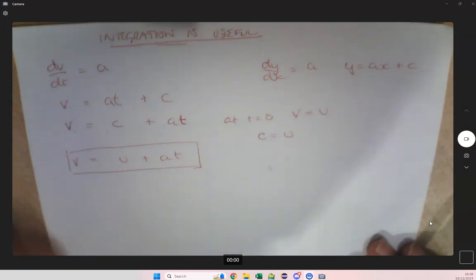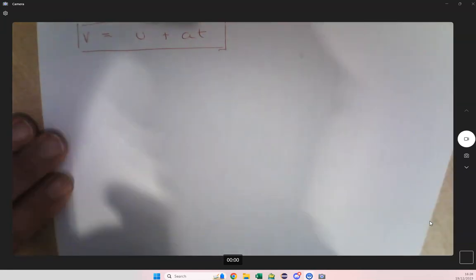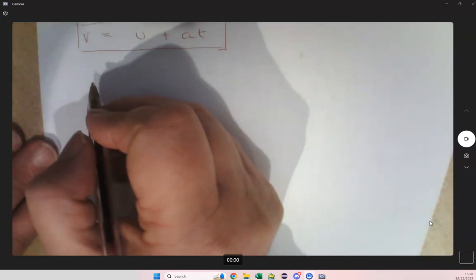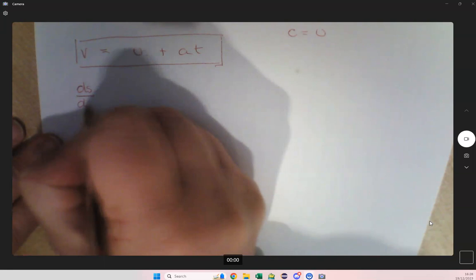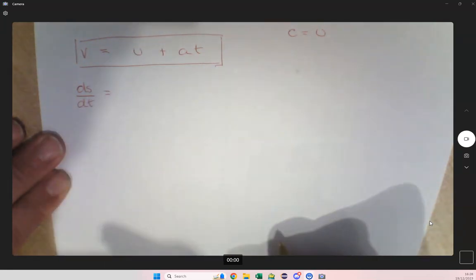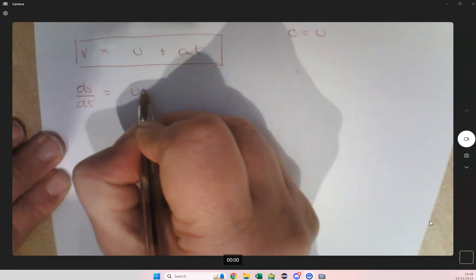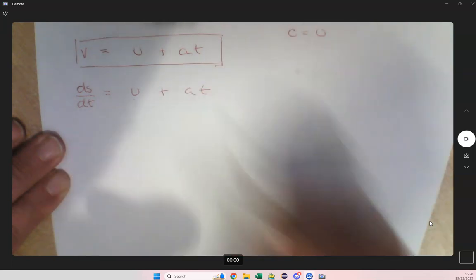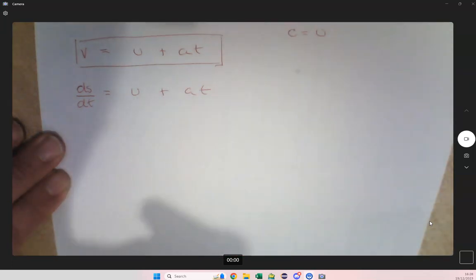So, okay, that's kind of okay. I've got the first little bit. Now, the next thing I'm going to do is say that v is actually ds by dt, the rate of change of displacement with respect to time. So ds by dt must be equal to u plus at. And I'm going to integrate those again.